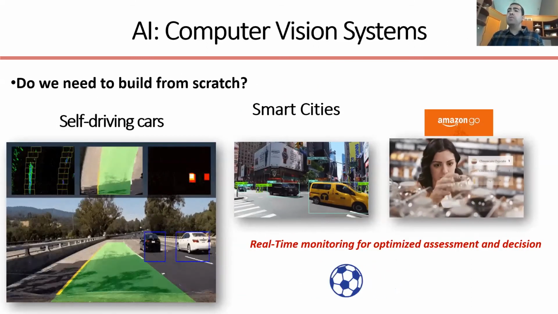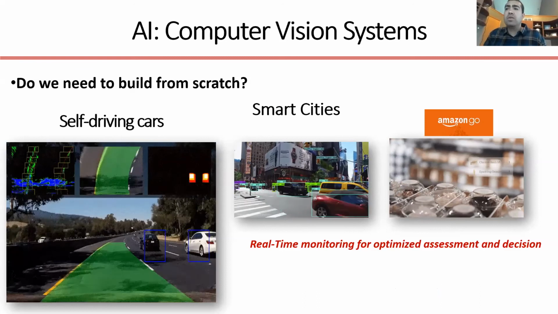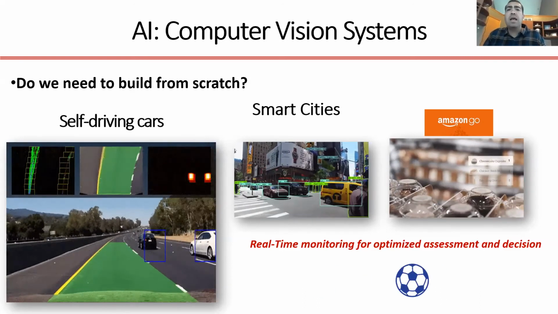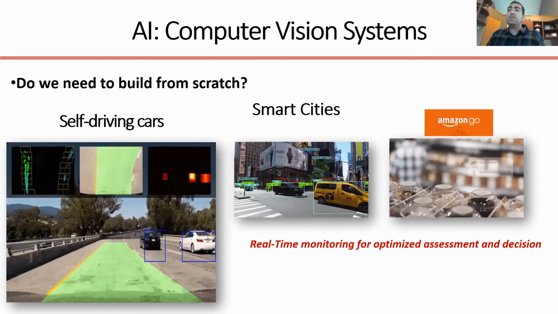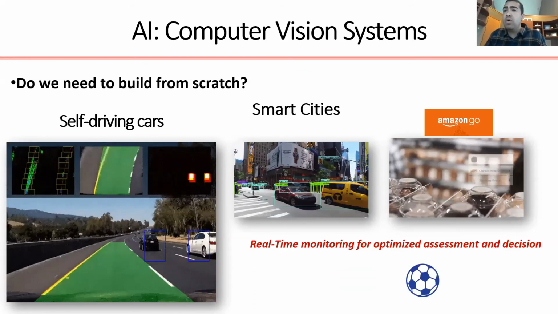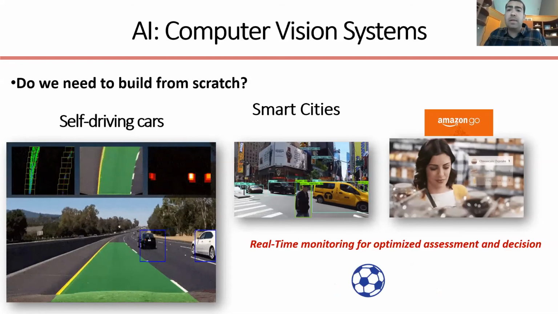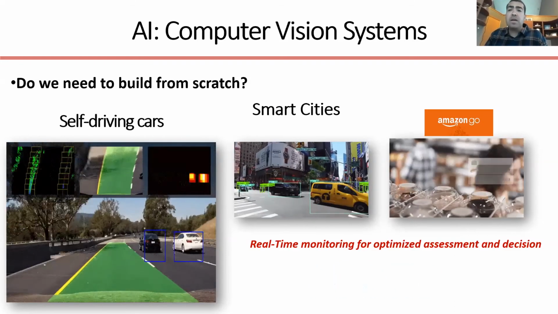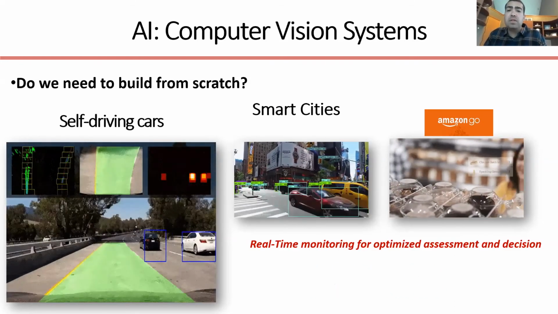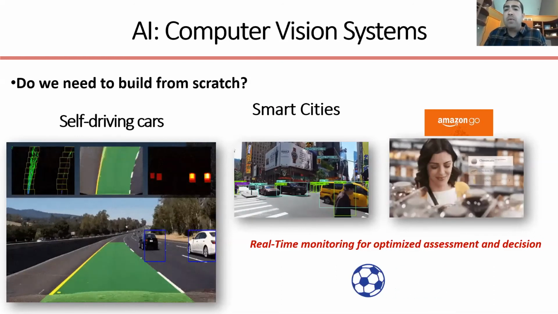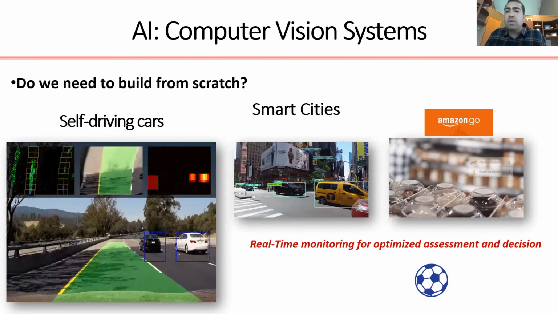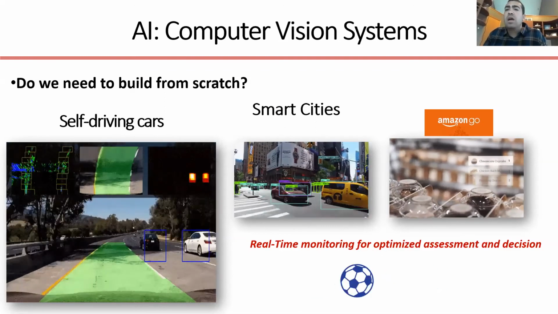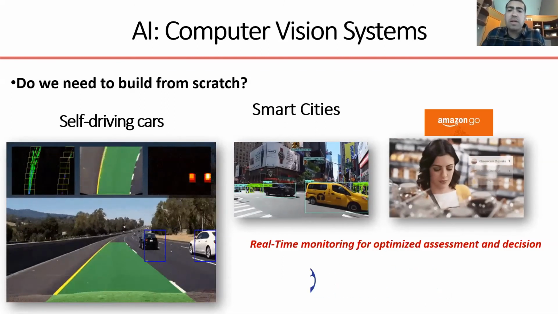So how do we want to do this, right? We are talking about computer vision applications, and do we need to build all of this from scratch? Do we need to invent all of those things? The answer is no. Those applications are being implemented in other fields, in other industries. We can see here an autonomous car on the road detecting other cars in an automated way.